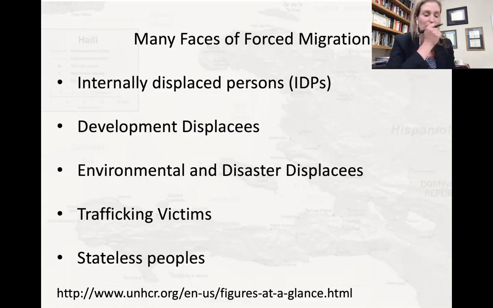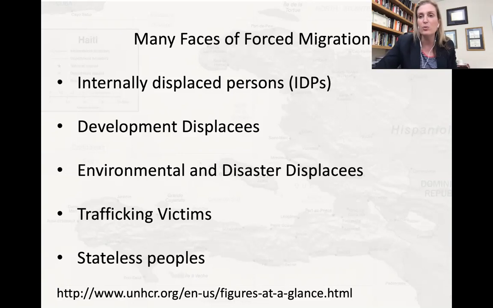As far as stateless people, can we have some examples of that? Sure. So a stateless person might be someone living in the Balkans in the 1990s after the breakup of the USSR. There were the Balkan Wars, and Yugoslavia broke up.